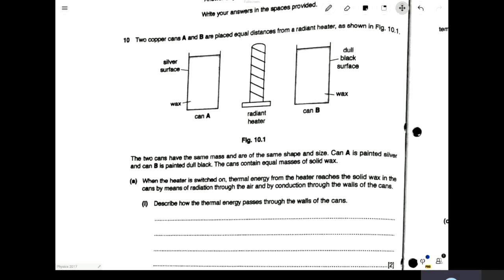Okay, section B. This is about the heat. So we got this black one, this one is silver. Describe how the thermal energy passes through the walls of the cans. Very good. It's vibration, because the wall of the can is conduction, right? So you gotta describe the conduction process.